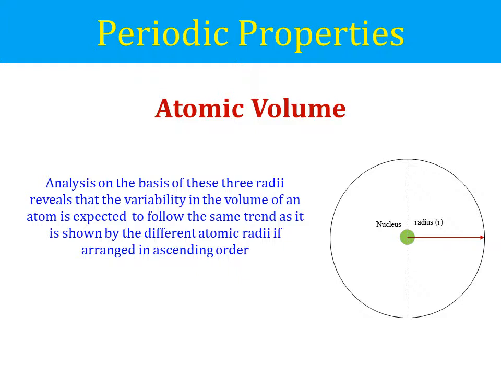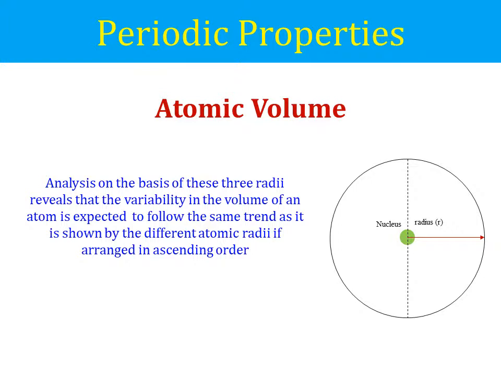So if we know the volume of one atom, then we can calculate the volume of the total number of atoms present in 1 mole of a substance. And that will also represent the same trend following the covalent radius, van der Waals radius, crystal radius, or the metallic radius, the same trend.